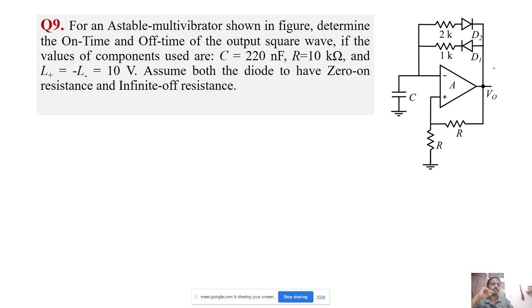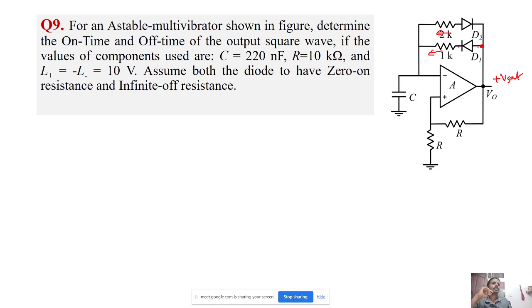Sure, for example, if here it is plus Vsat. Okay, so what will be the voltage here with respect to ground? It will be plus. So initially we will assume there is no current, right? Initially there was no current here also.